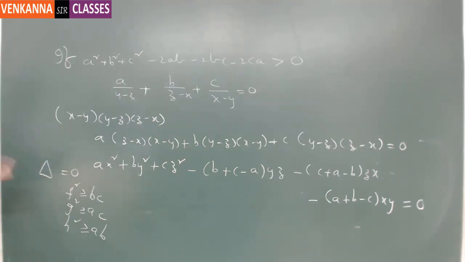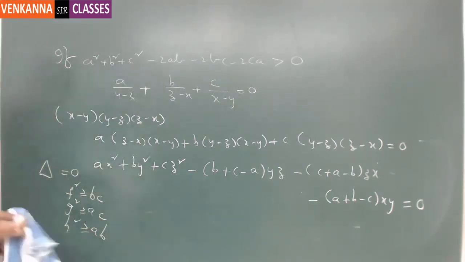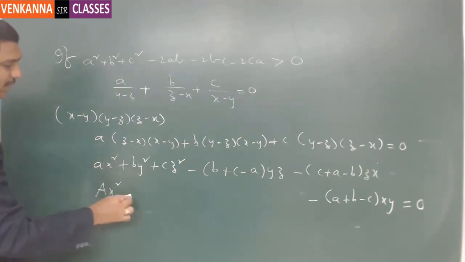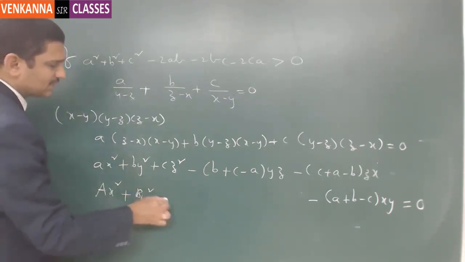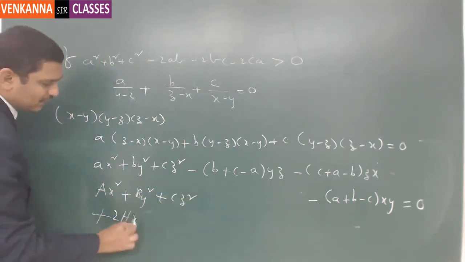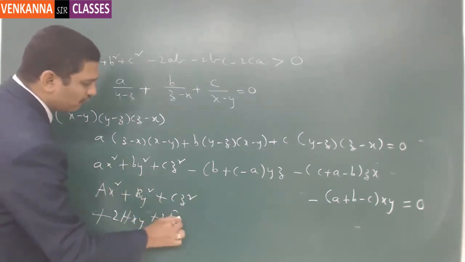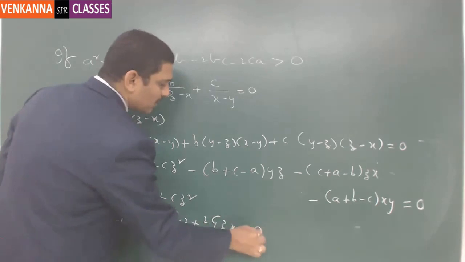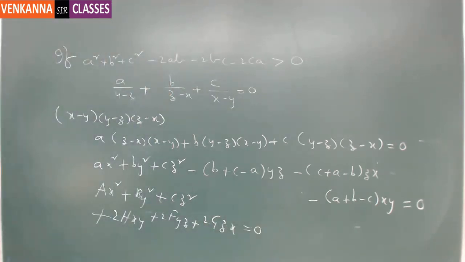So in order to avoid the confusion, we will compare this given equation with capital A x square plus capital B y square plus capital C z square plus 2H xy plus 2F yz plus 2G zx equal to 0. So for notation convenience, without having confusion, we have taken the values like that. Okay.